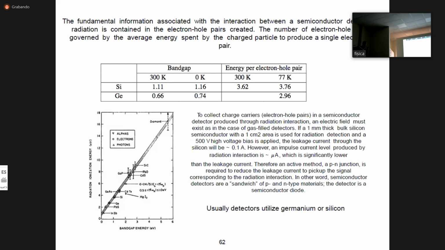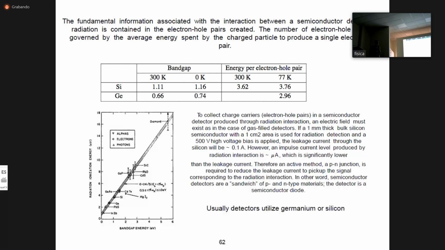The band gap energy is about 1 eV, and for silicon and germanium, the energy per electron-hole pair is about 3 eV. What it gives you is that you have more charge carriers in your detector.